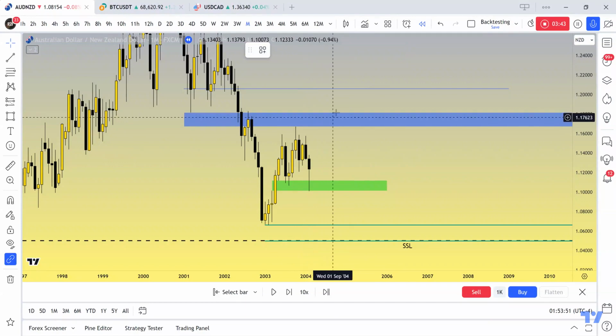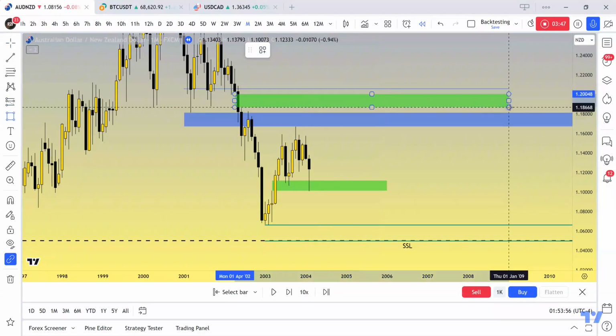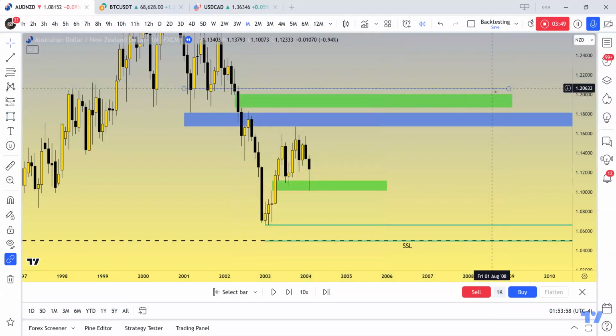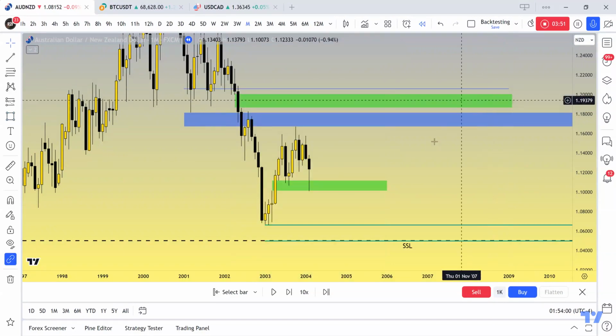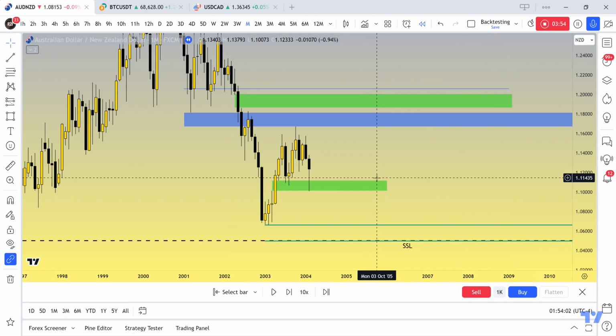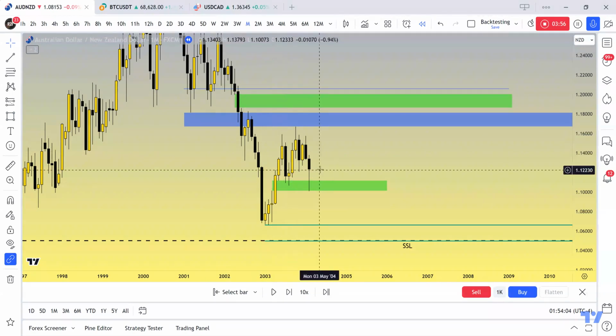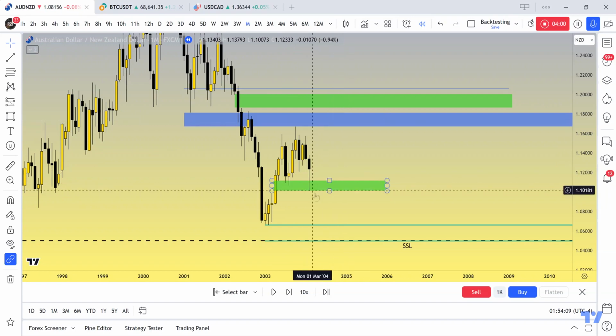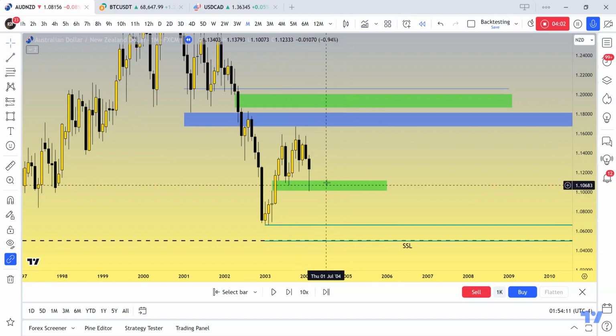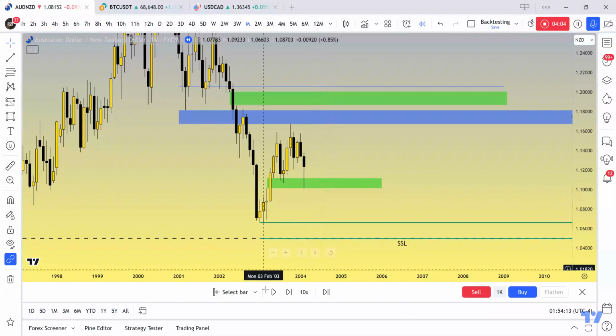Either we come into this yearly gap, and I'm just going to annotate this monthly one here. Remember, this line here is the mean threshold of that yearly wick. So I want price to either come here and take an entry in here on the lower time frame, or price to close here and take an entry in here on the lower time frame, targeting these areas.